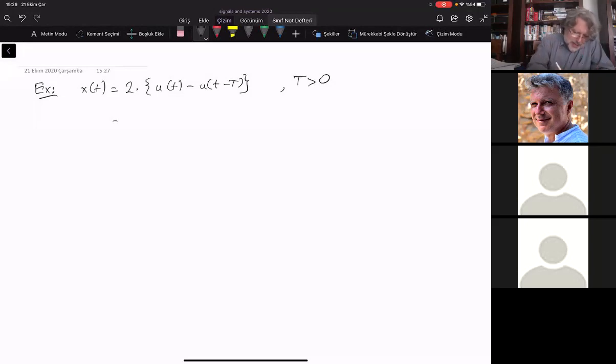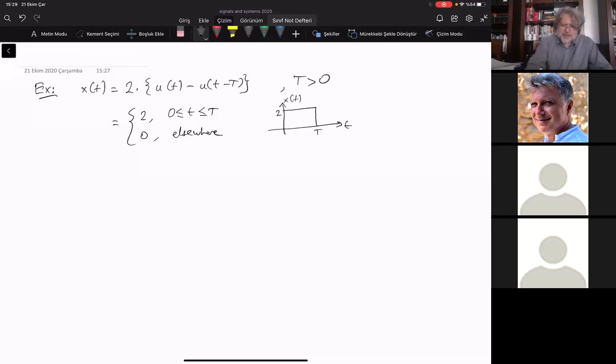So this is actually equal to 2 for the range from 0 to capital T, and it's equal to 0 elsewhere. It's a rectangular box, or you can visualize it like this. This is capital T, and this is 0, and this is x of t over the time axis.